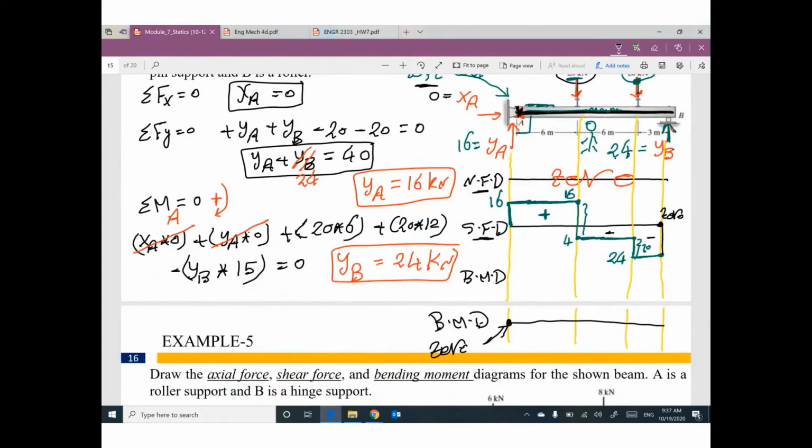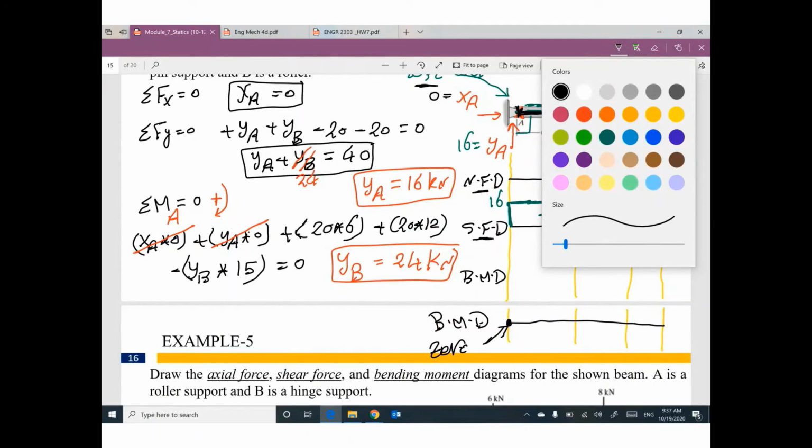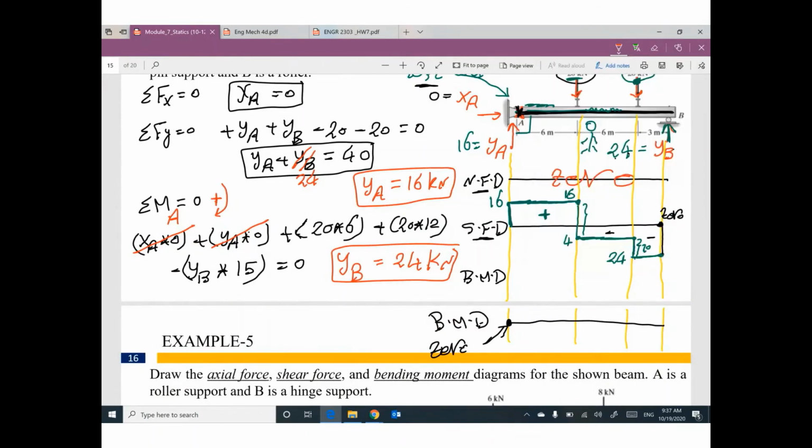What else? We are looking for the next value. Where is the next value? It will be here. Where is the next value? It will be here. The first value is 0.